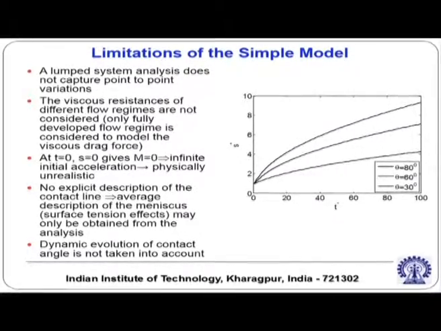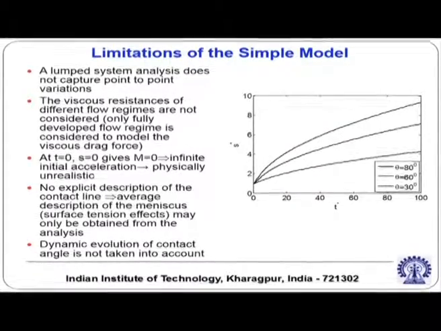Not only that, we have assumed that the contact angle is a constant, but as the meniscus progresses along the channel, the contact angle changes dynamically. This is known as dynamic contact angle. The contact angle does not remain at its static value.